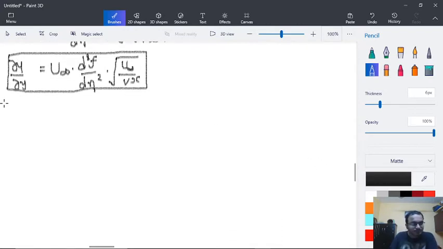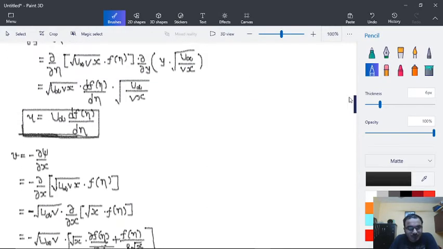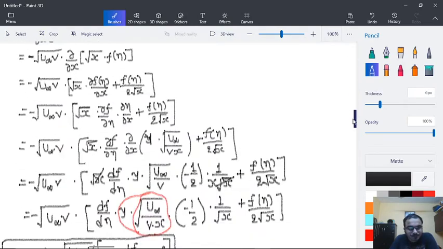Now we will calculate further, that is u into del u over del x, which is equal to u infinity into df over d eta, which is the value of u, as we have already calculated. This is the value of u which is already available over here.